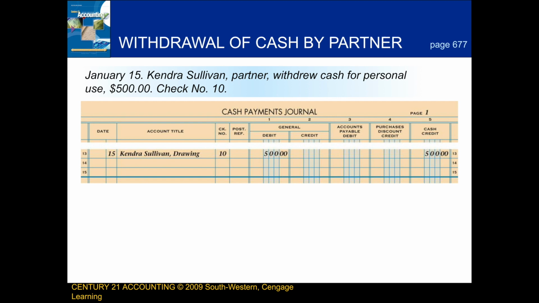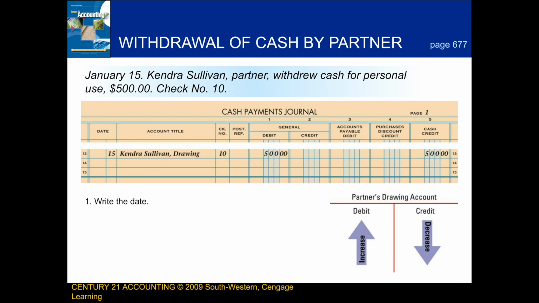When we journalize the withdrawal of cash by a partner, there are multiple steps that we have to follow in order to complete this process. First, we write the date, which is January 15th, in the date column. Next, we write the title of the account debited, which is Kendra Sullivan drawing, in the account title column.